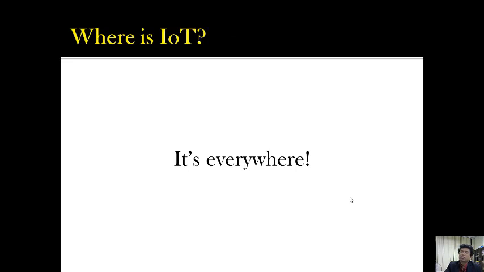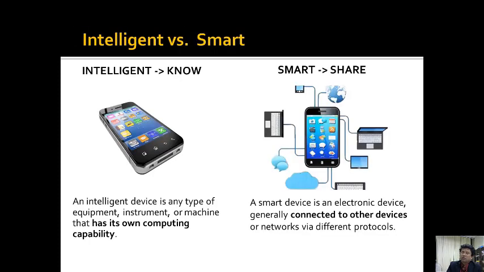So if you ask where is IoT, the simple answer is it is everywhere. Also, it is important to understand the difference between what we mean by an intelligent device or a smart device.